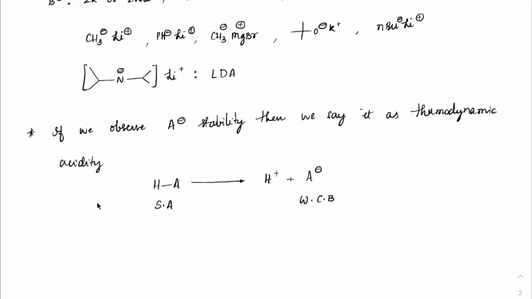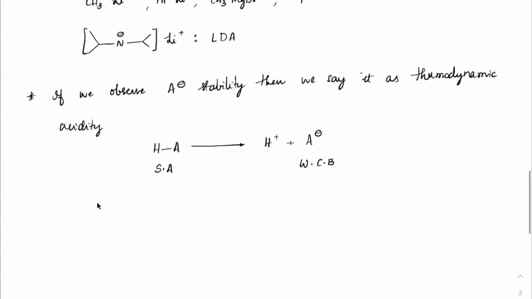If this is more stable, the reaction must have driven in the forward direction easily, which means HA is a strong acid. So from here we can say that a more stable conjugate base implies a strong acid. Got it?